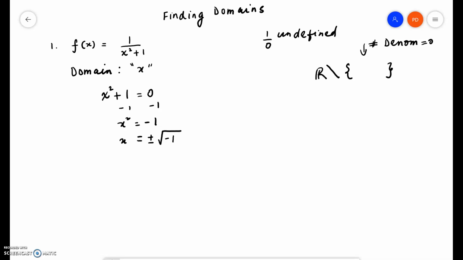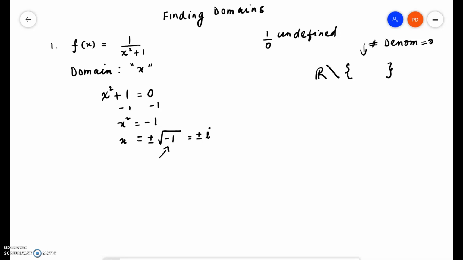Now notice that the square root of a negative number is not a real number. It is defined as being plus or minus i, which is an imaginary number. So therefore it is not real.